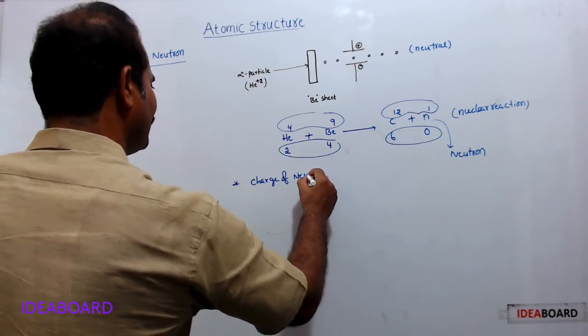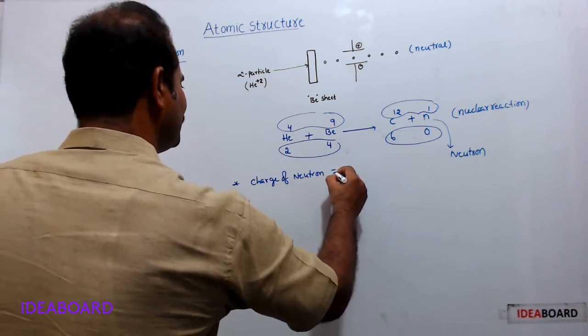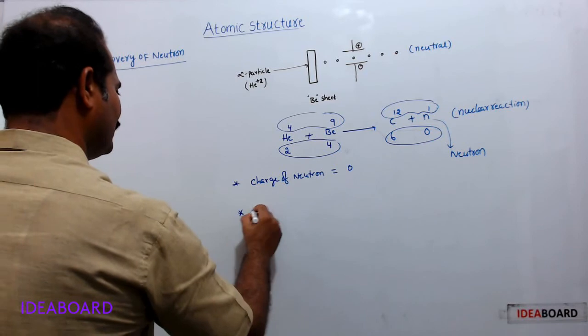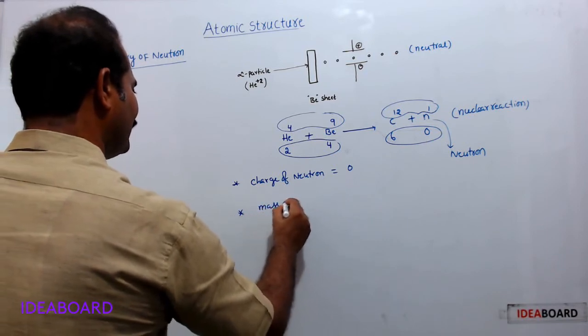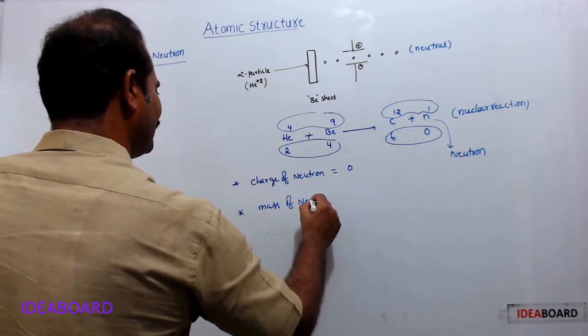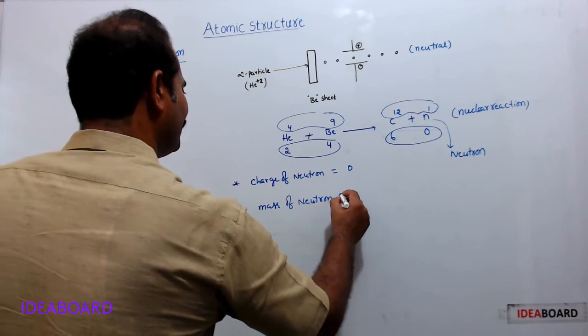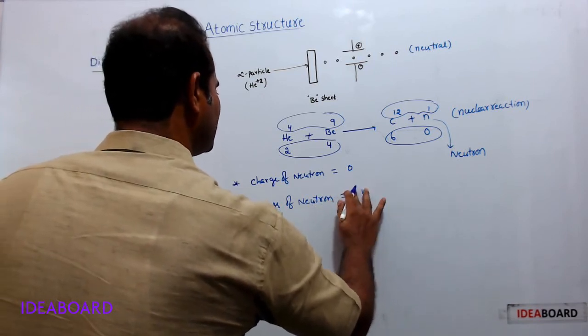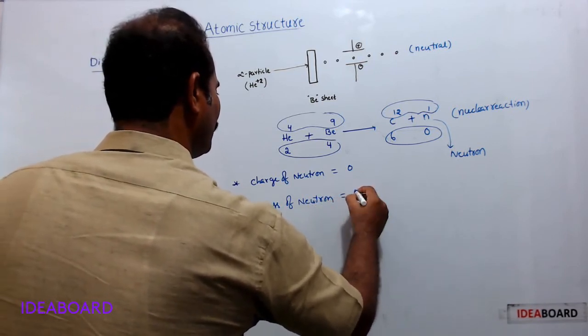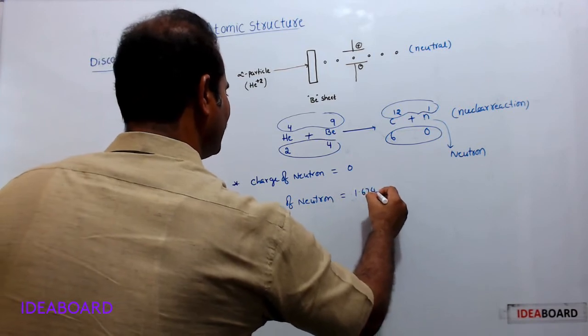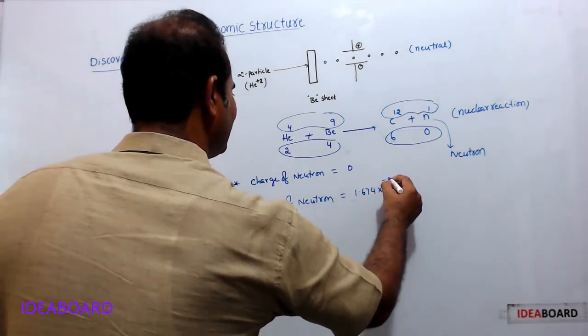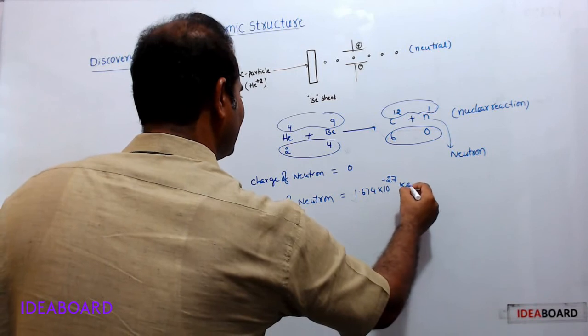Charge of neutron is 0. Mass of neutron is 1.674 into 10 power minus 27 kilograms.